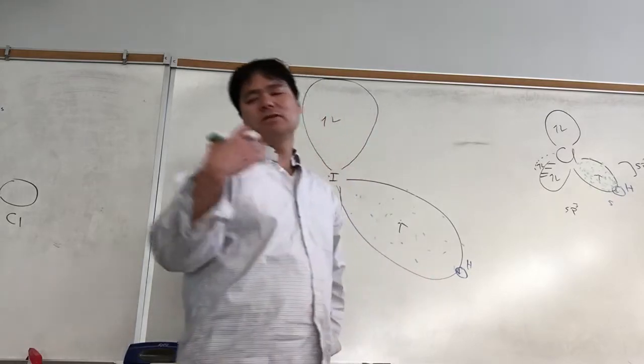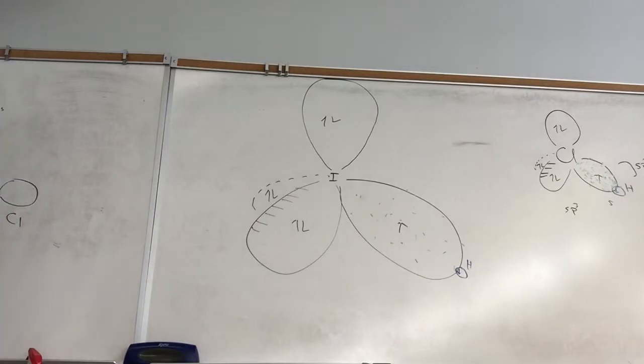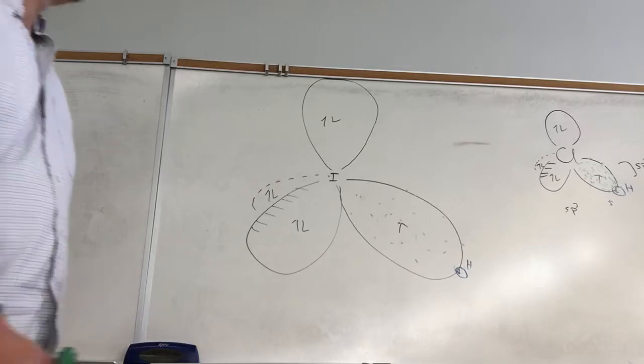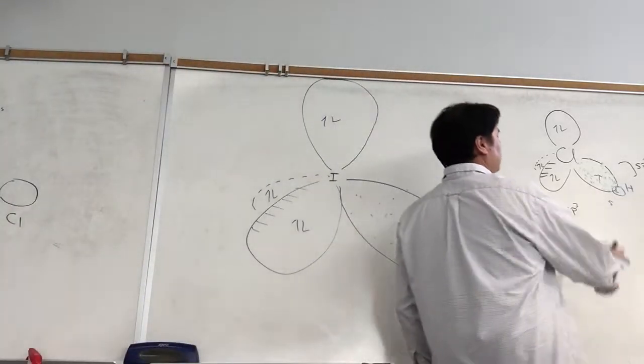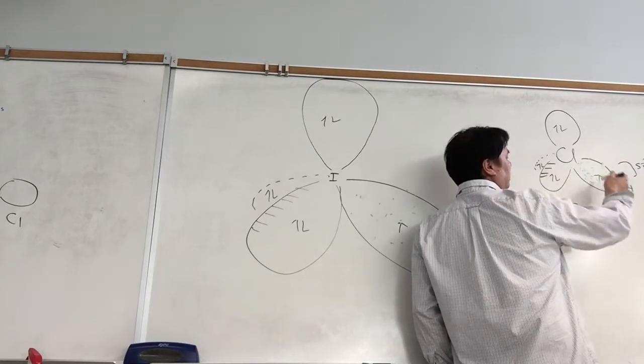But then we have to think in terms of polarity. What does polarity mean, or what's a bond dipole all about? A bond dipole is a tug of war for electron density. If it's even, then we have a nonpolar bond. It's symmetric. But this is not even because chlorine has a higher electronegativity.